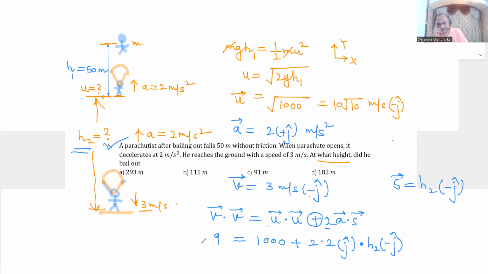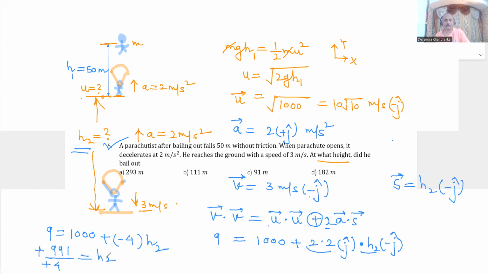So 9 is equal to 1000 plus 4h2, but with a minus sign. Why? Because j dot minus j is minus 1. So now, 4h2. Can you solve it? It's minus 991 upon minus 4 is h2.